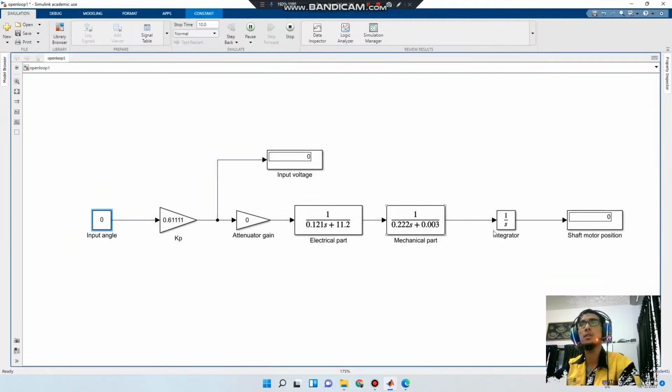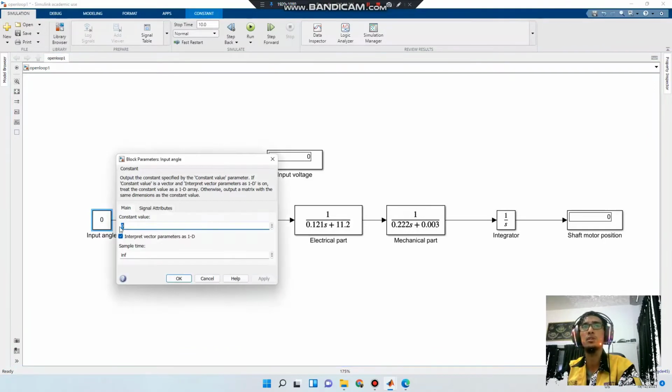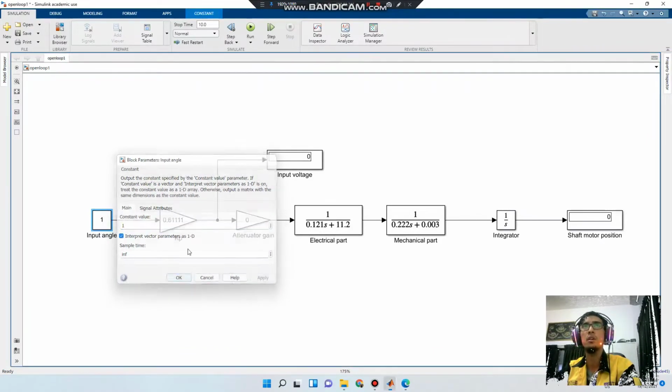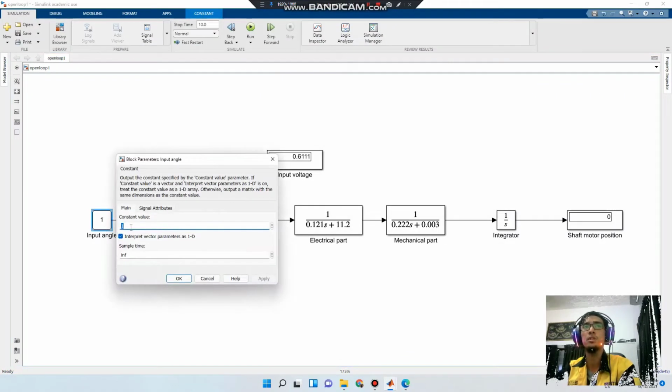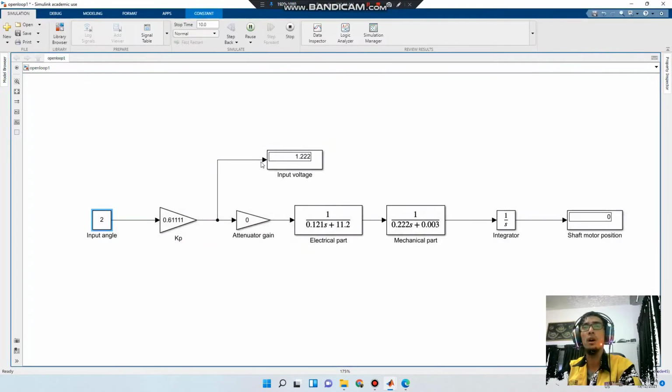We run. The result is 0 for the shaft motor position, and we increase to 1 and run. Still 0 in shaft motor position. We set to 2, and we need to increase until 10. Still 0.